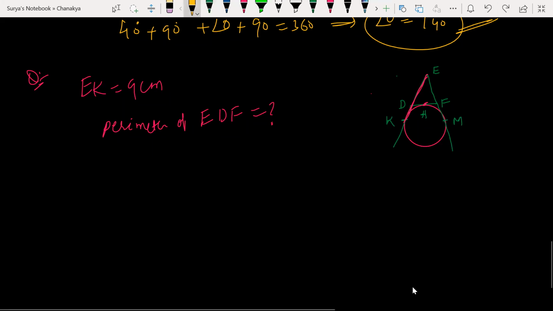Use some common sense, guys. EK is given 9. What is the perimeter of triangle EDF? Perimeter is nothing but what here? ED plus DF plus EF. This is what I have to find out here.